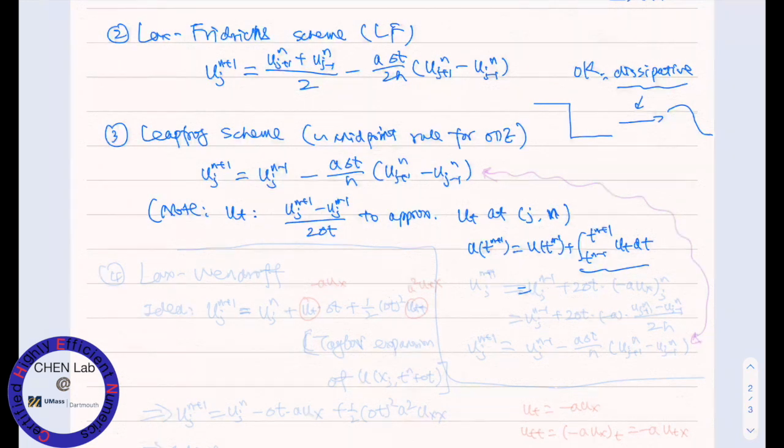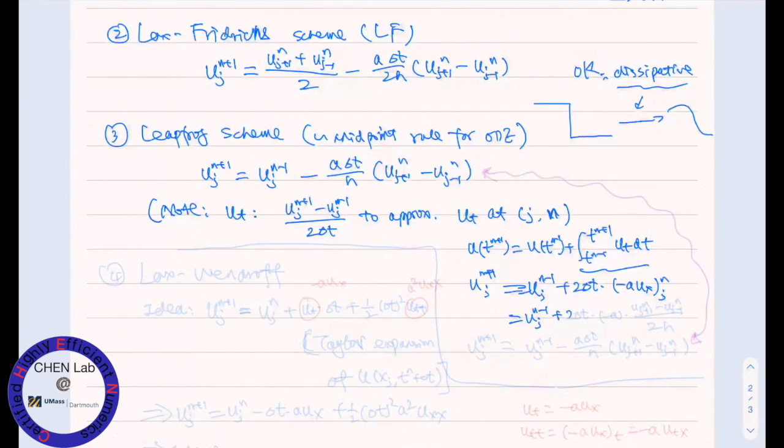Right, so this gives you u_j^{n+1} equal to u_j^{n-1} plus 2 delta t times ut, which we know is negative a ux. So it's negative a ux at (x_j, t_n). We have all the j's here.